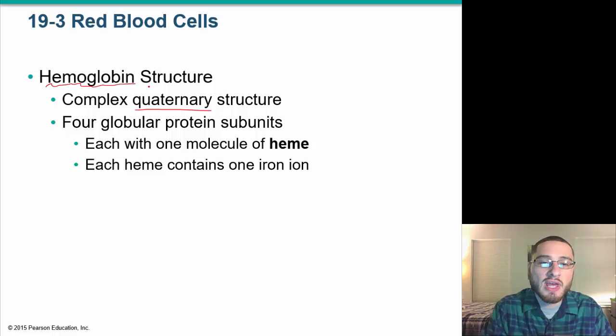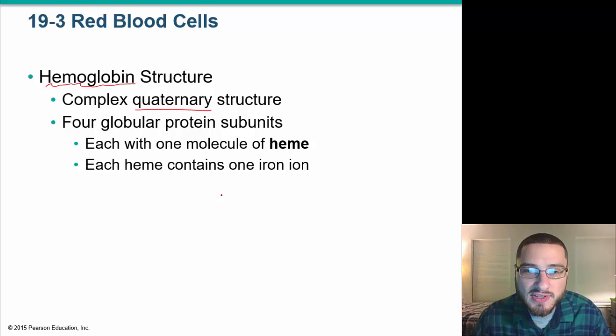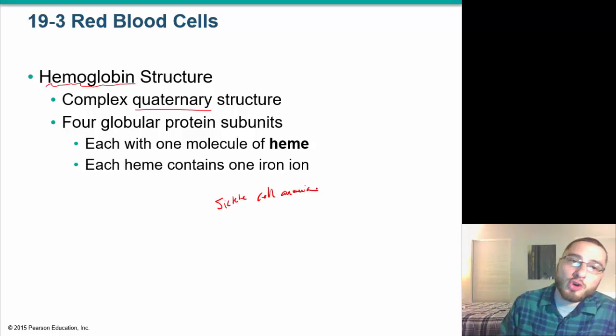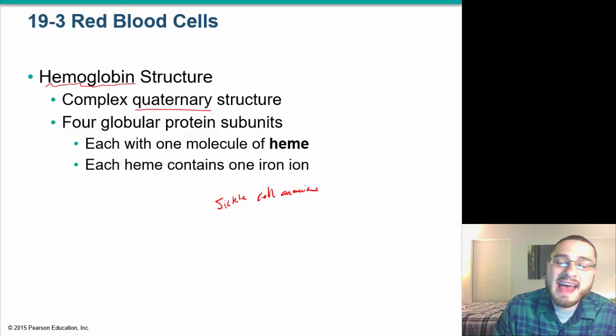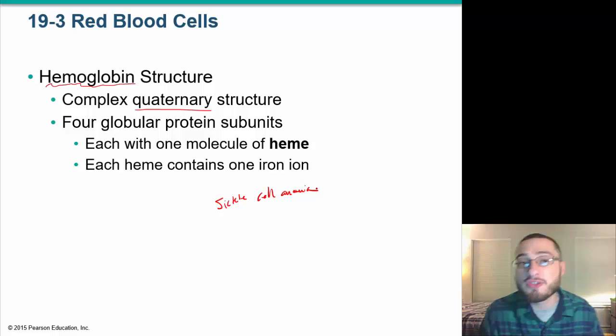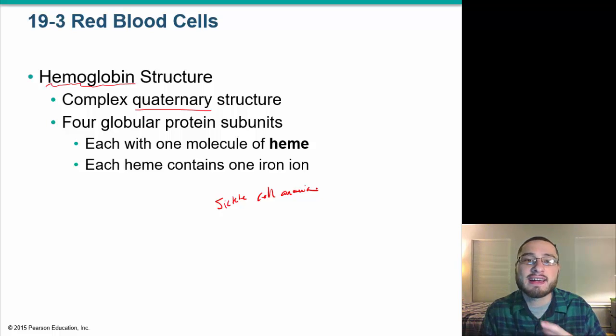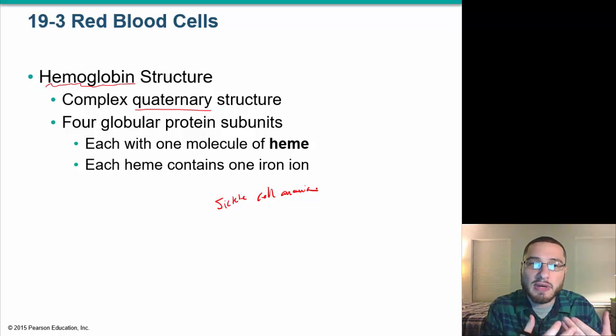So when you think about people with sickle cell anemia, when they are creating their hemoglobin, they have the wrong recipe or the wrong instructions, and that wrong protein is not going to be shaped the right way, and shape is really what matters when we talk about the function of these proteins.